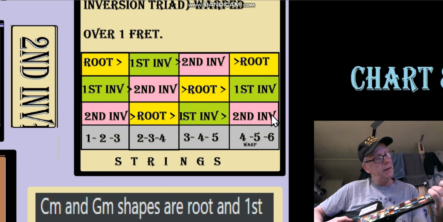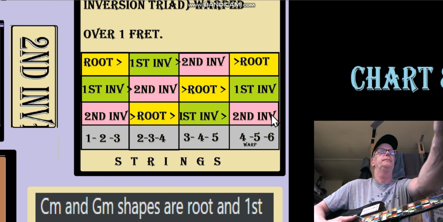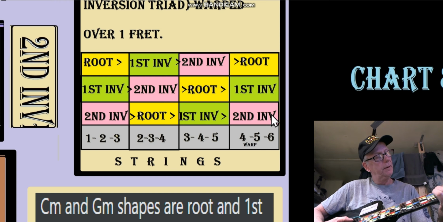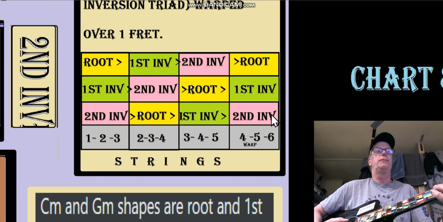So it's F, A, D, D, F, F, A, D. F, A. First inversion.